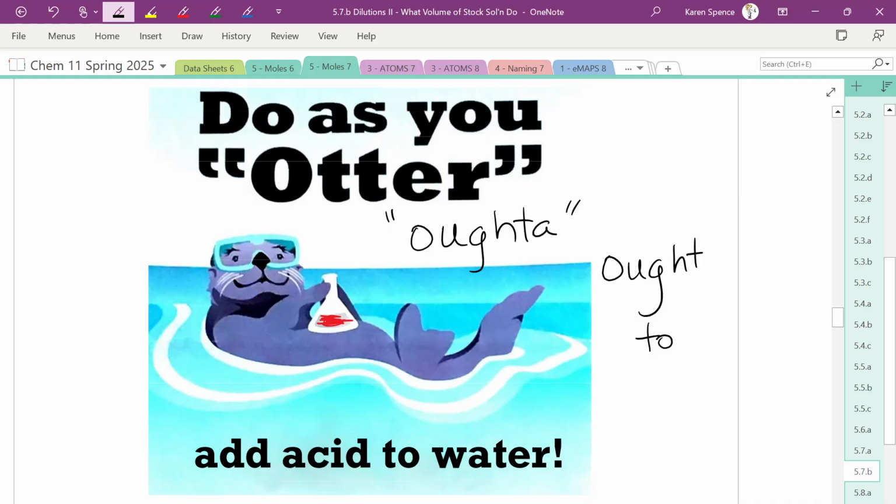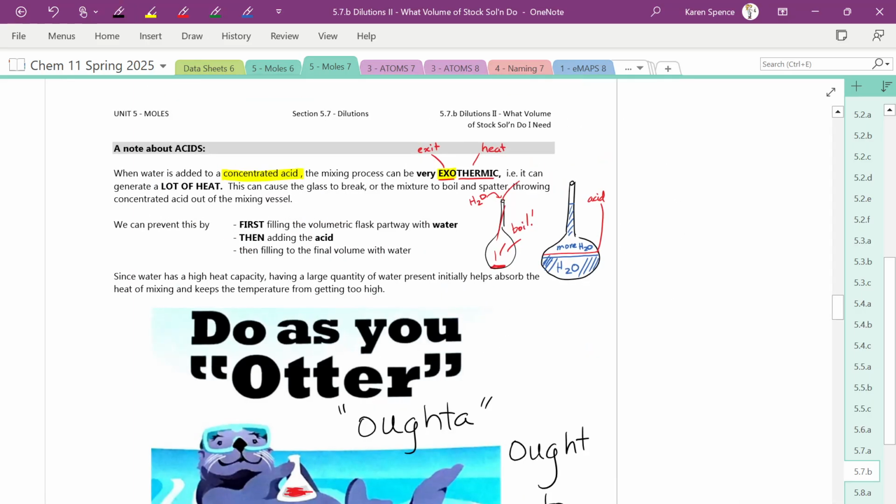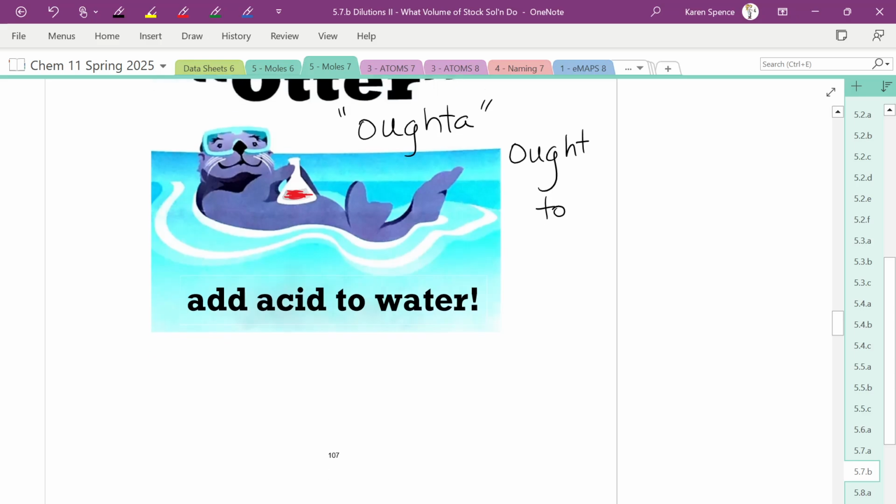Do as you oughta. Add acid to water. So don't put the acid first and then the water. Put the water first and then the acid. Anyway, hopefully the little otter will help you remember that.